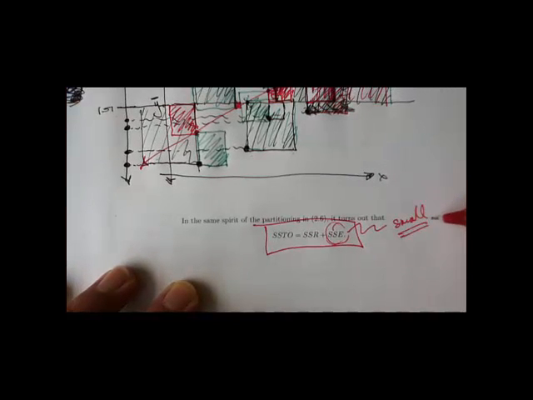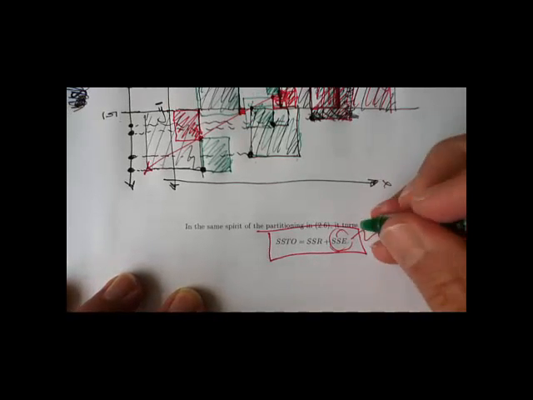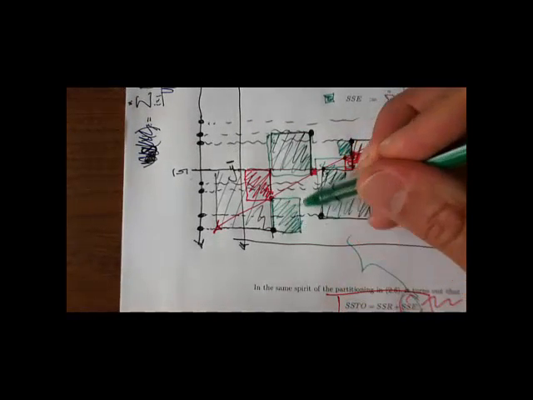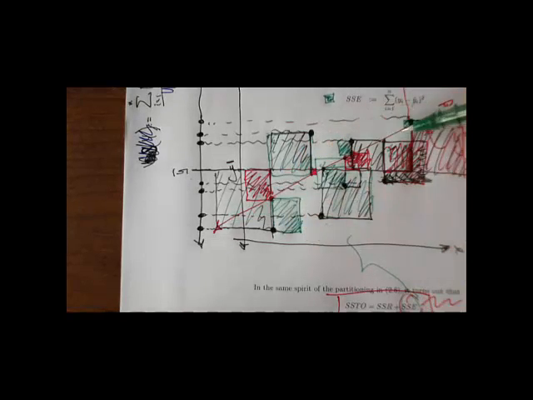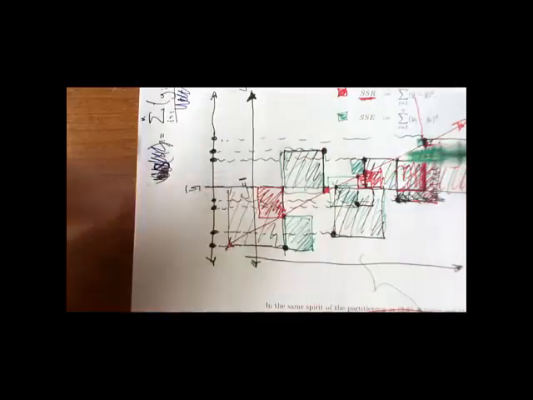Because when that stuff is small, which by the way is the green stuff up here, it's the total sum of the green stuff. When that stuff is small, then look at what that means. It means that our regression line in red is actually coming pretty close to our actual data points.